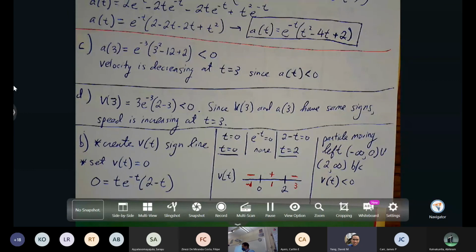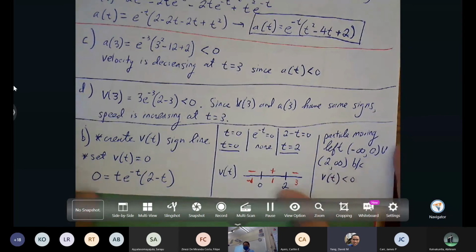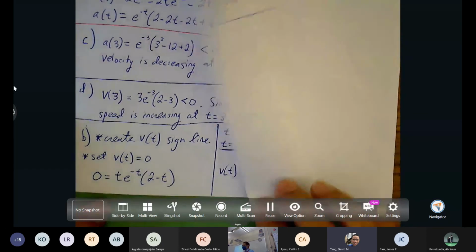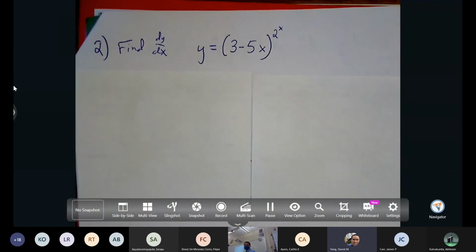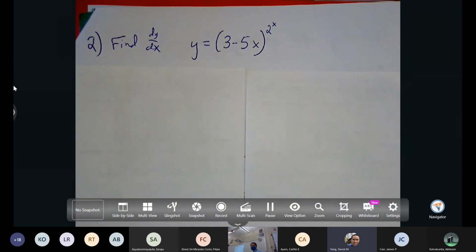Okay, moving on to number 2. Find the derivative for y is equal to (3 minus 5x) raised to the 2 to the x.